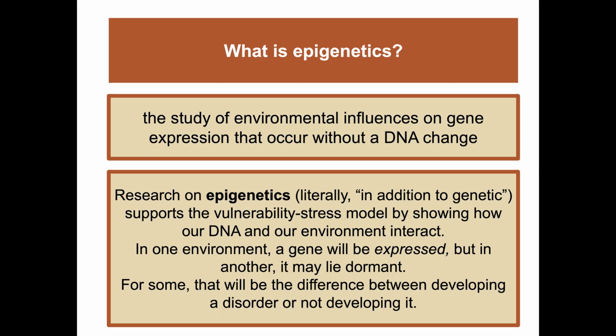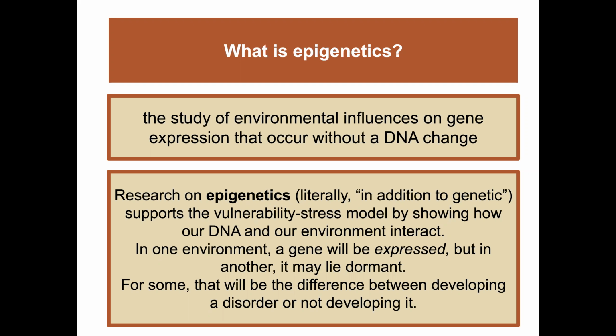In one environment, a gene will be expressed. Okay, so what that means is that if someone's in a really stressful environment, with some sort of psychological disorder, some sort of genetics, and it's probably polygenic variants. In many cases it's never a single gene expression, it's polygenic.